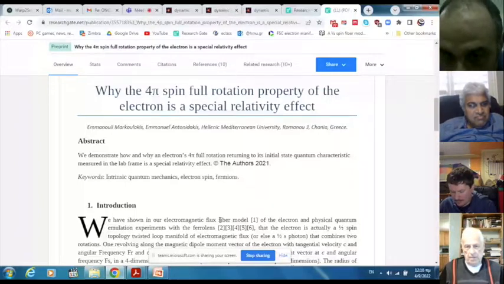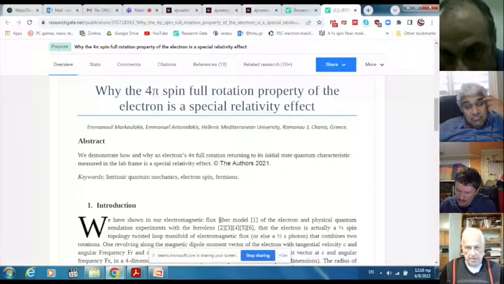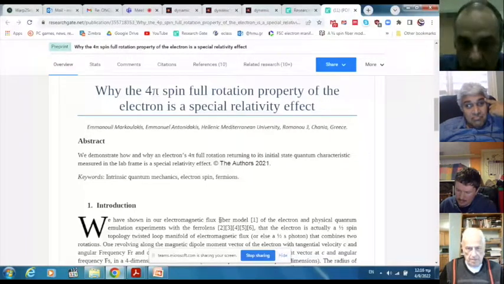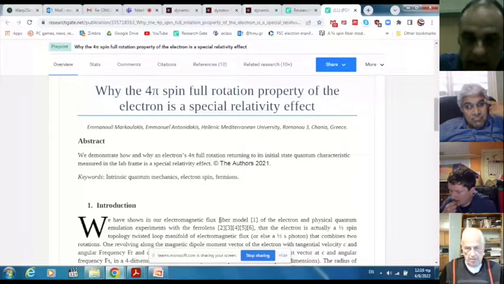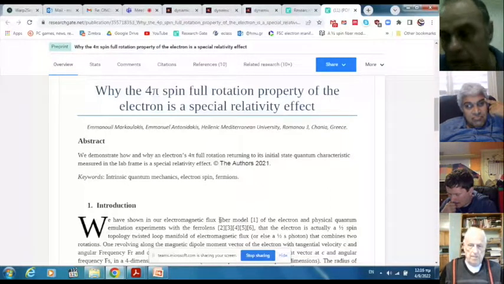So it's not replicating the Dirac belt, which needs 4p. It's more than 2p. But if you multiply it with 0.866, it gets 1. And then you use Thomas precession, and you have a Lorentz transformation of 2p to 4p.